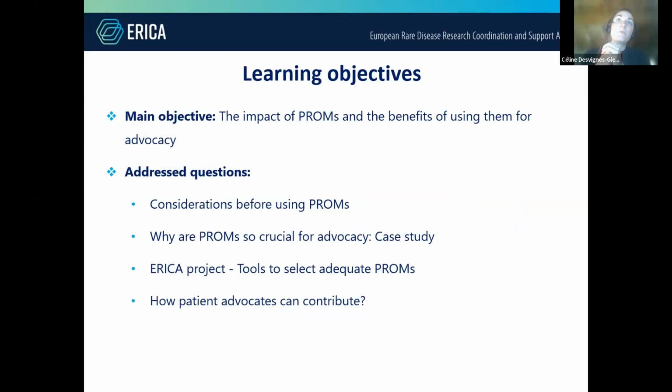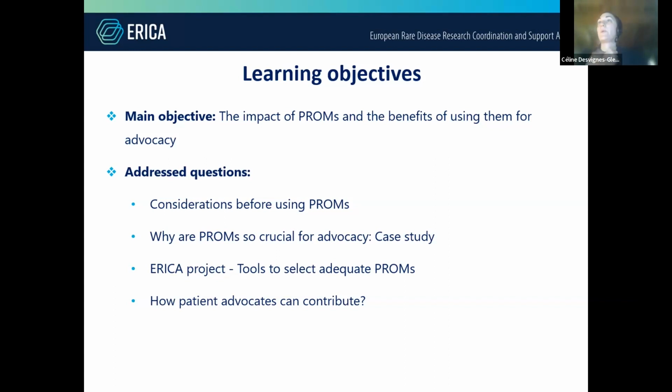The first question we would like to address, following the Dagmara presentation on how to develop a questionnaire following the appropriate requirements, is the considerations before even using one PRO. Then we'll have a presentation on how PROs could be useful for patient advocacy, with a case study presentation by Marie-Angela.